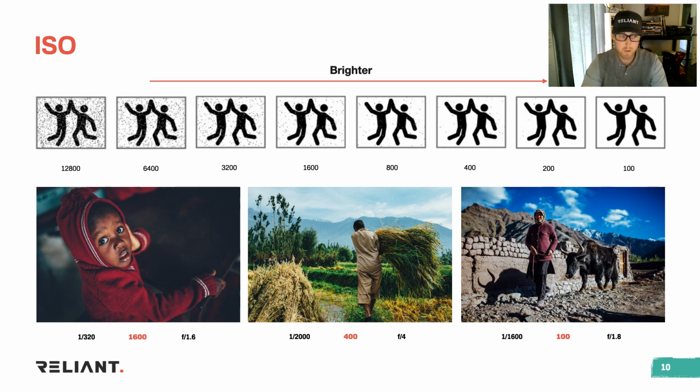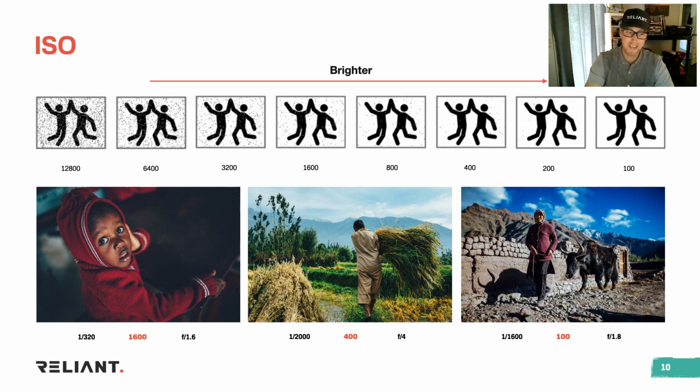So in this first example on the far left, this image was shot in a dark classroom. I had to have an ISO of 1600, which is pretty high. In this second scene, right there in the middle, the ISO was at 400, and 400 was used because it was a kind of overcast day.